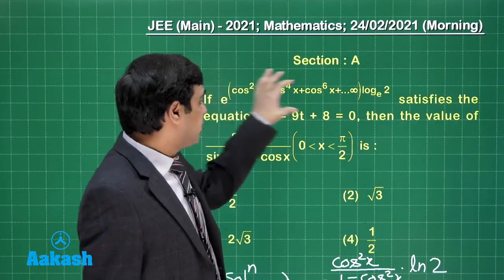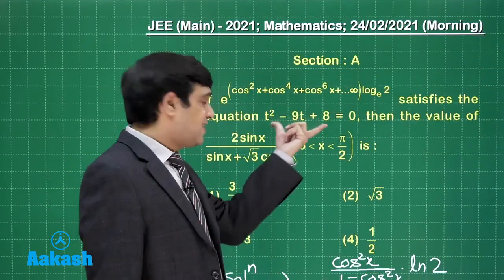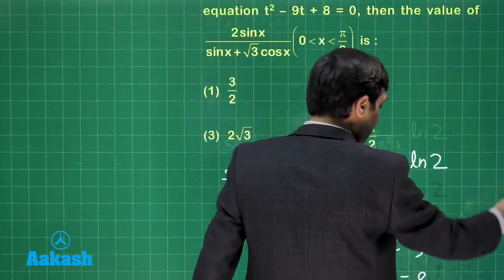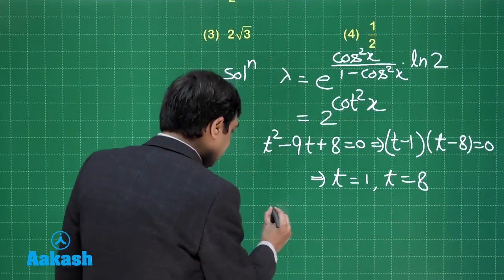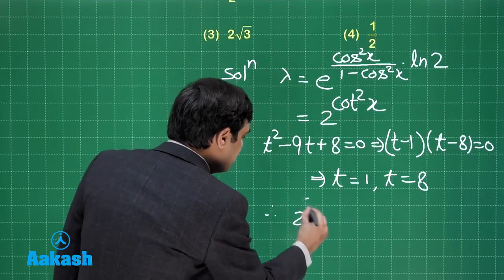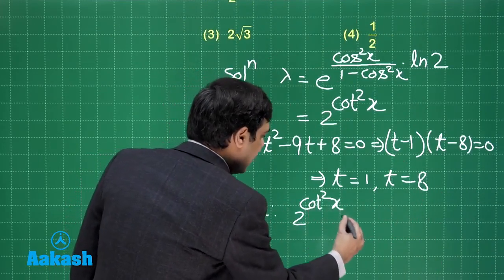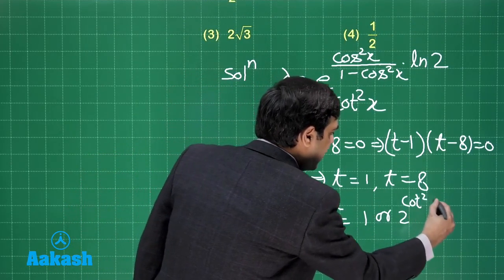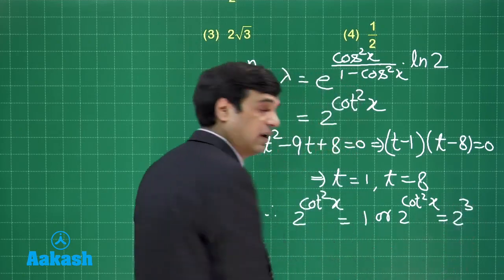That means something which I have taken as lambda is satisfying this equation. Clear? So therefore, 2 raised to the power cot square x is equal to 1, or 2 raised to the power cot square x is equal to 2 cube.